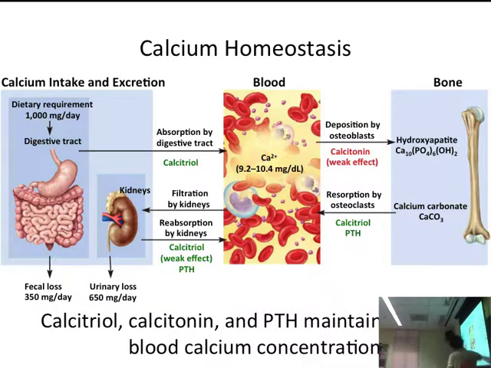We have a calcium level. This is the range that we want to keep. We want to keep the calcium in the blood between 9.2 and 10.4.